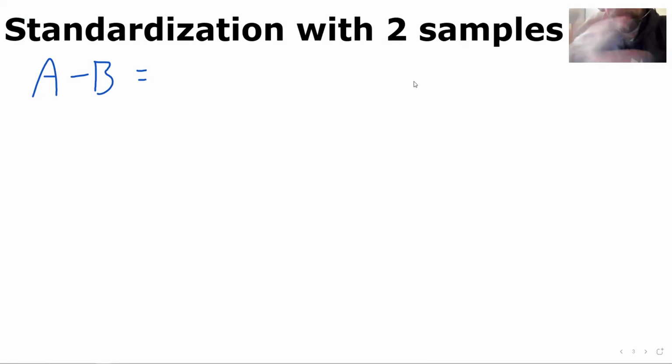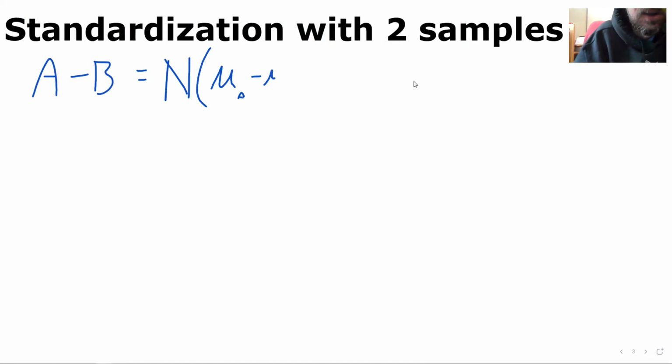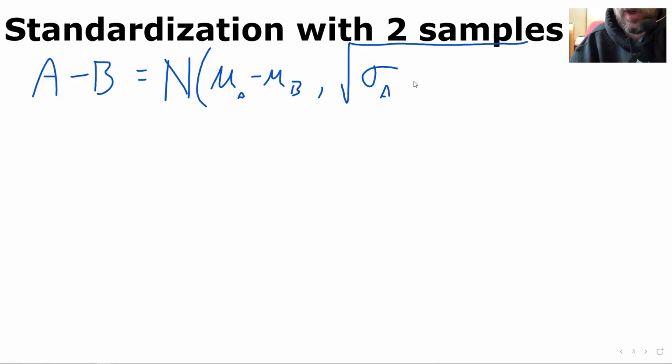I'm working with everything normal because that's what we learned how to combine. So this is N of mu A minus mu B, with the standard deviation the square root of sigma A squared plus sigma B squared.